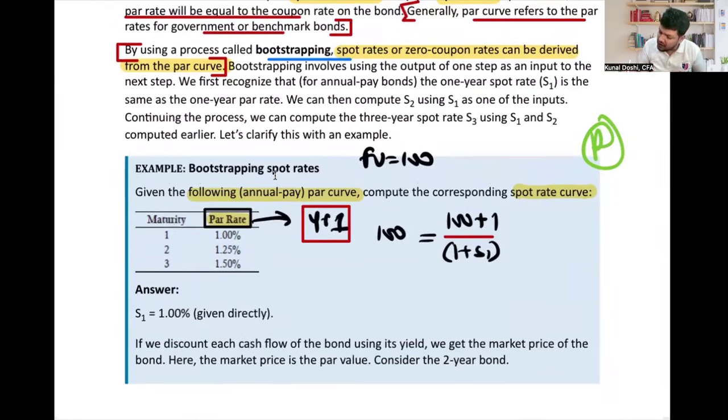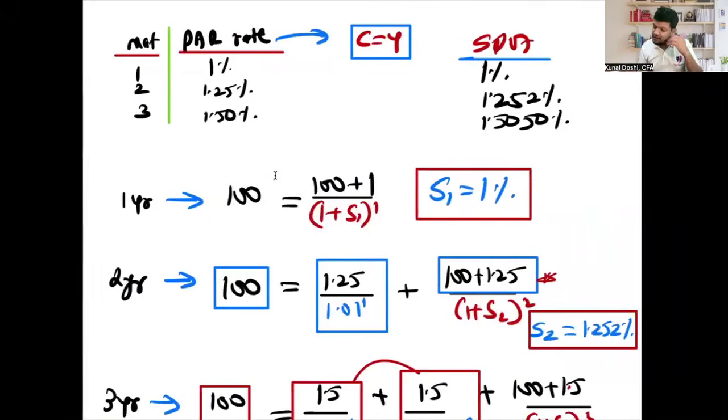If they give me a rate of 1% for the first year, it means its coupon is also 1%, and since its discounting rate is also 1%, its present value will be equal to par. So a par bond that pays me $100 as the par value and $1 coupon after a year, the discounting rate of that is going to be my spot rate. That spot rate for the first year is always the same, so we don't have to calculate.